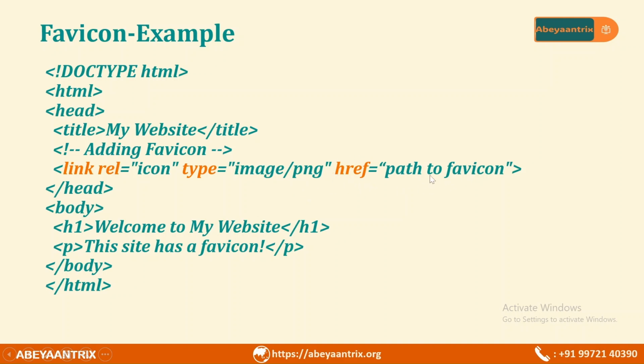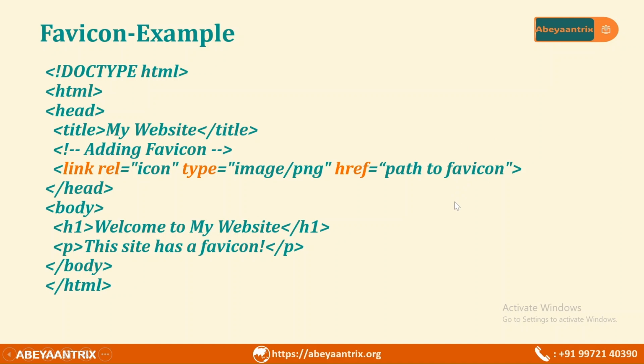This is the href, where we are referring to the image from, so we have to mention that path. In the same way as with images, if it is in the same folder, we mention the direct name. If it is in a different folder, we mention the name with the folder name. If we are referring from the internet, we can add the internet link. All three image formats can be used for the favicon image.